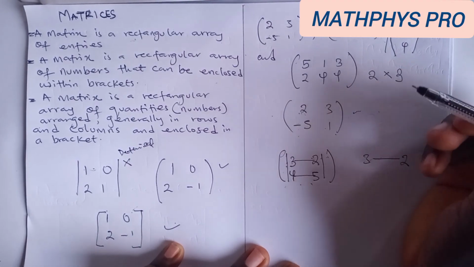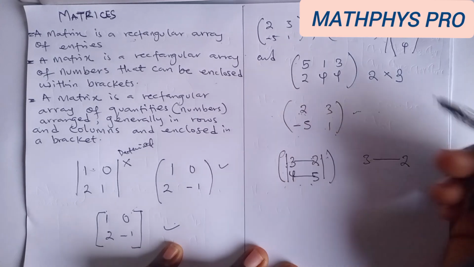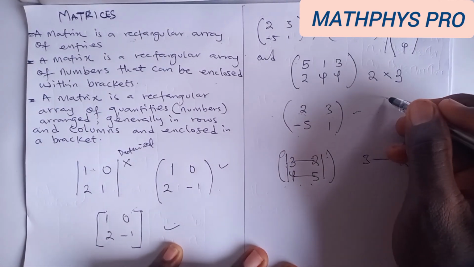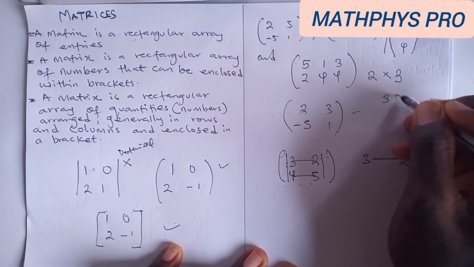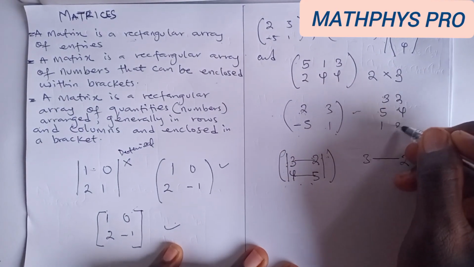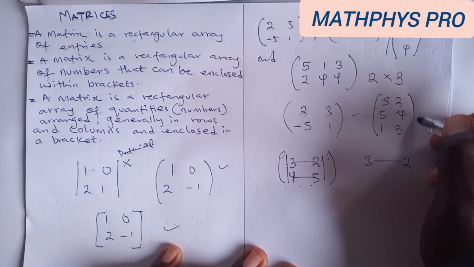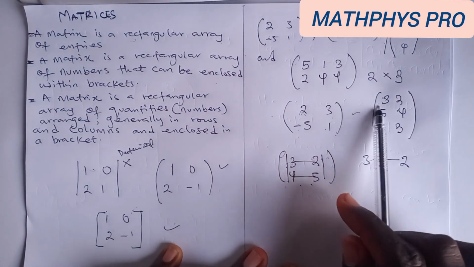The matrix is an order of what, 2 by 3. Similarly, if you have a matrix, for example, 3 2 5 4 1 3, we can say, how many rows are here?